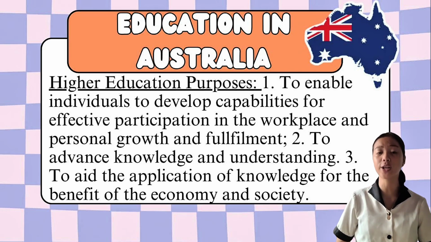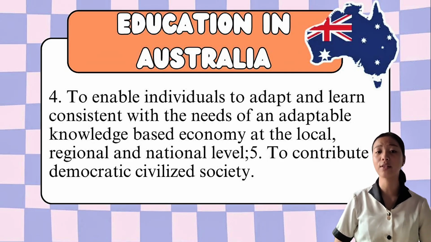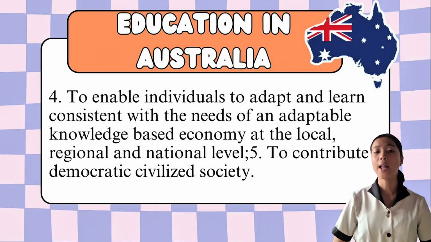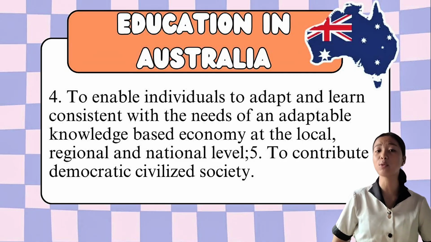In higher education, the goals are clear: to prepare individuals for the workplace, to advance knowledge, to support the economy and society, and to help build a democratic and civilized society.